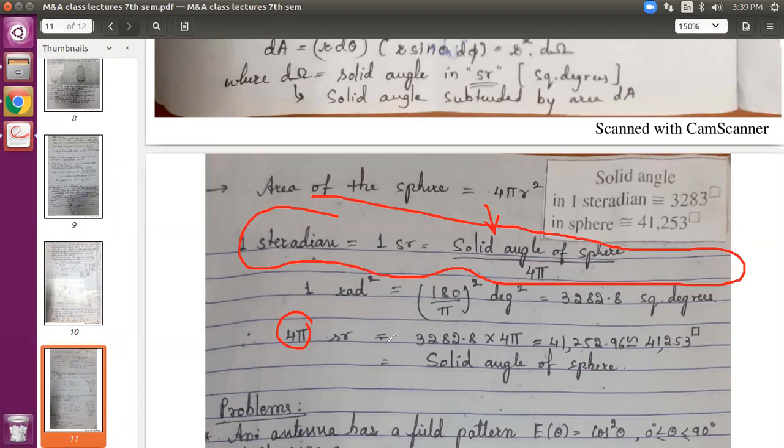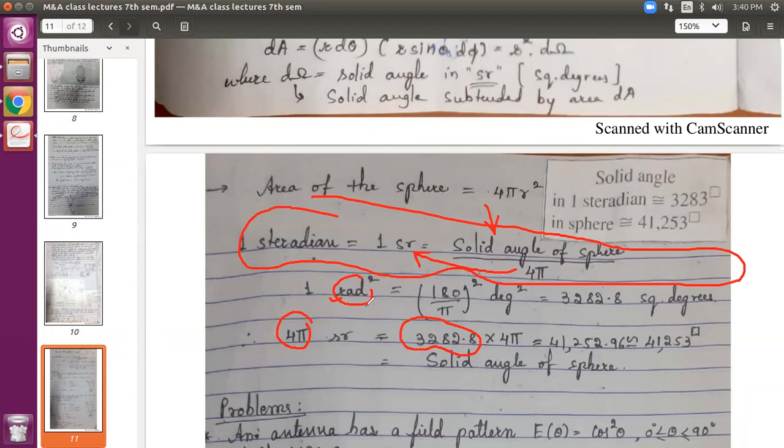So 4 pi steradian is equal to 4 pi into 1 steradian, which is equal to 3282. How did I get this 3282? If you remember, to convert degree value to radian and radian to degree, for 1 radian you should multiply by 180 by pi, then you will get the answer in degrees.